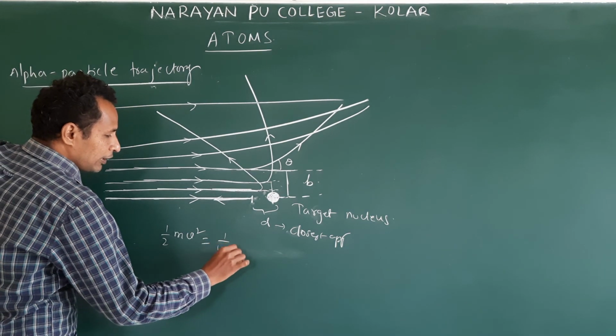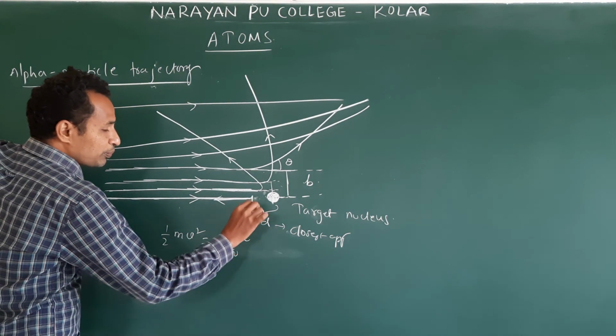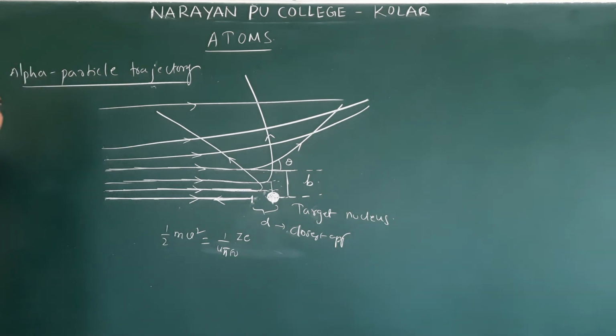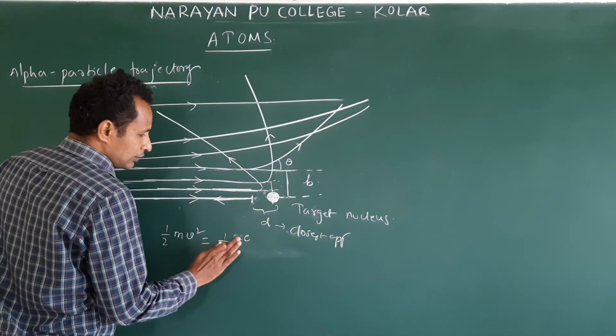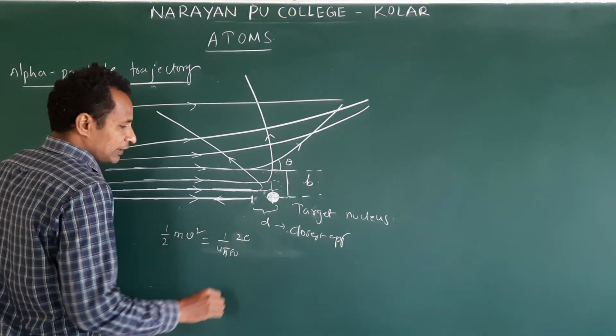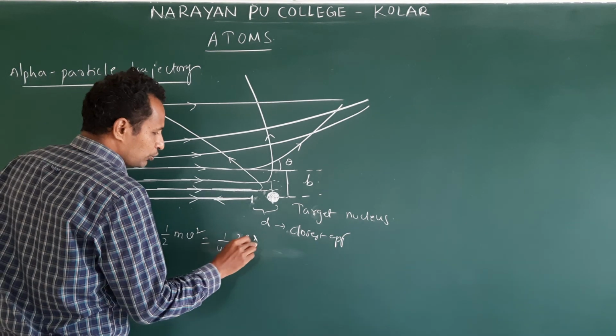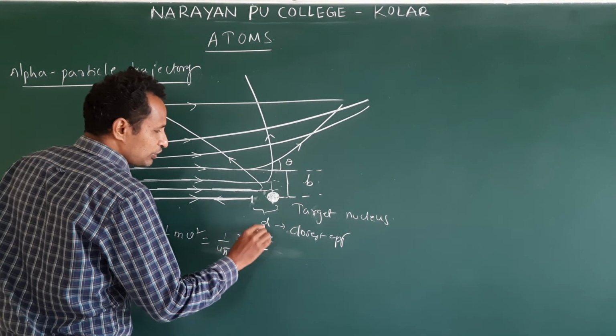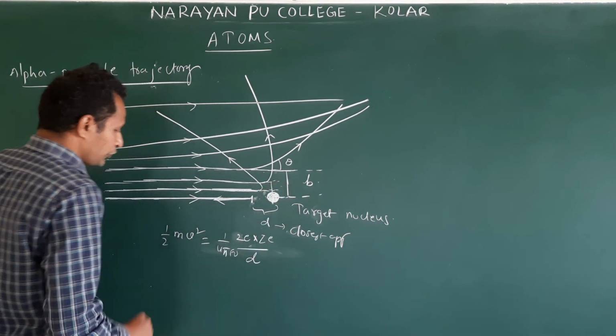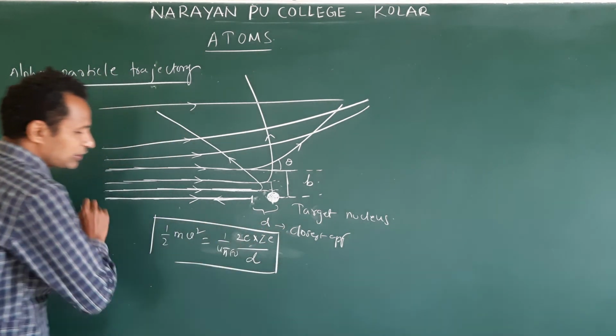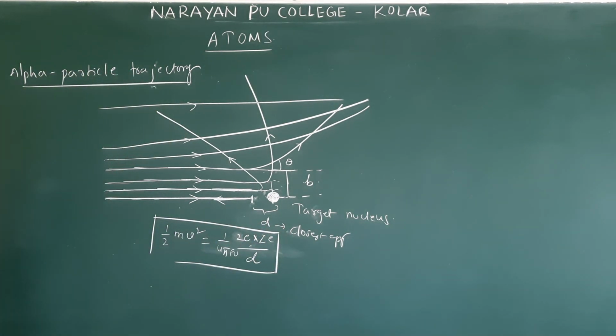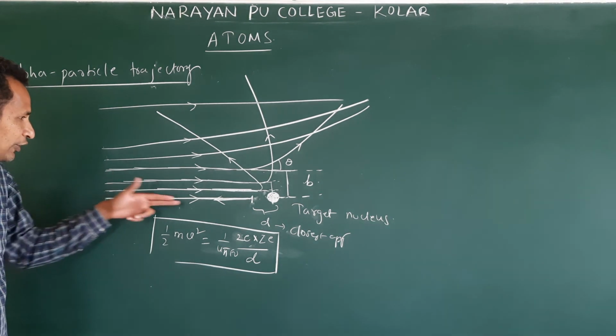What is the electrostatic potential energy between two charges? 1 by 4 pi epsilon naught q1 q2 by r. One charge is 2e, the other is Ze, and the closest approach we take as d. Using this expression we will find the closest approach.